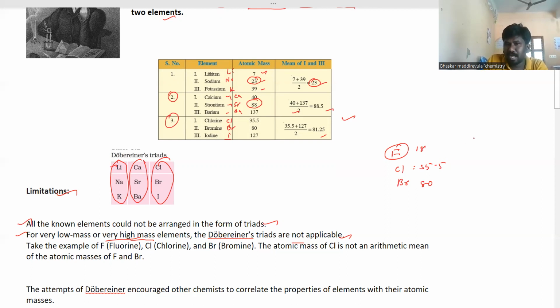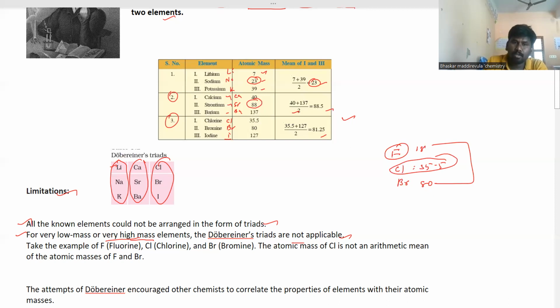See, if you take the average of the first and third elements, it is not roughly equal to the middle one. It will come to around 45, so there is a lot of difference there.